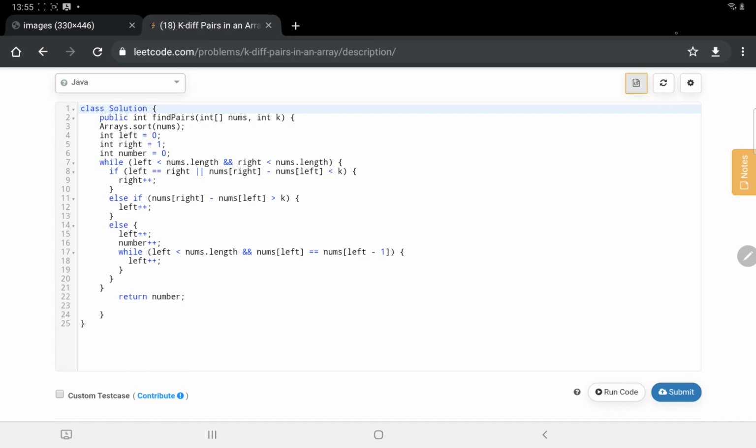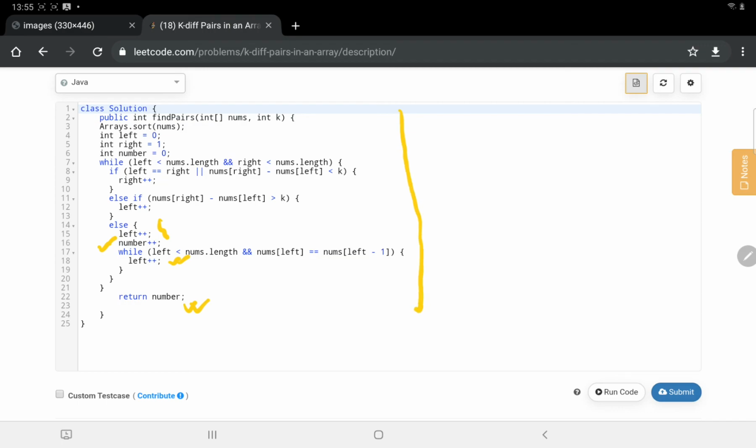And if I see that my difference is equal, in this case of equals we can increment our left counter and we can increment our answer counter. And to avoid the duplicates, we are using this while loop. So I am checking the previous value and my current left value. If it is equal, then we are also incrementing our left, and at the end we are returning the number. So this is the code that we already discussed.